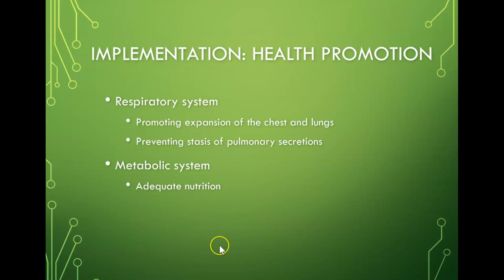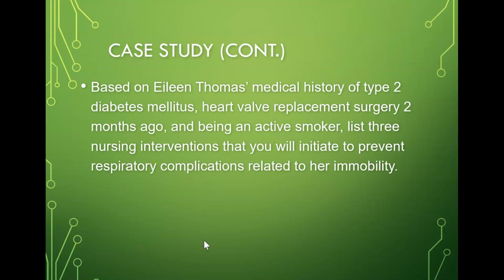So it can be very emotional. Make sure that the respiratory system, you promote expansion of the chest and lungs, preventing stasis of pulmonary secretions. You want adequate nutrition. That is just like central, because it promotes their tissue being strong and them doing everything.